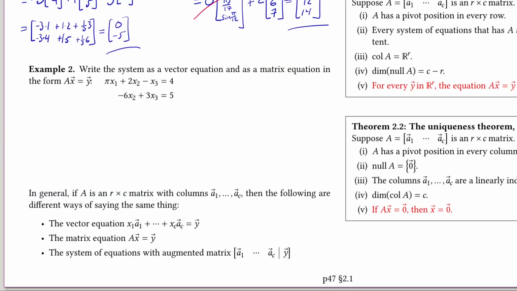Okay, let's look at example 2. We're going to write this system of linear equations as a vector equation and as a matrix equation, which means in the form matrix times x equals y. Now, first of all, we talked a lot in chapter 1, but we can review it really quick, that this system of linear equations is equivalent to saying you have two vectors that are equal, like the vector on the left side, like so.